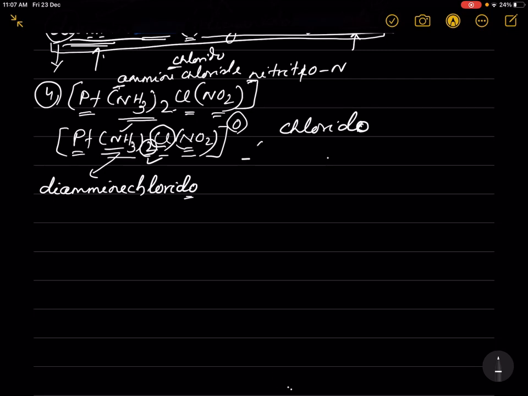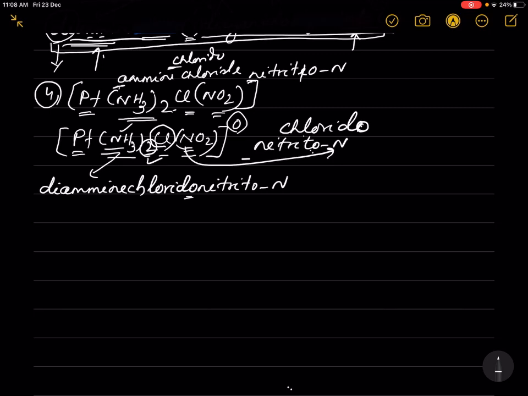Then this is nitrite-N, nitrito-N, nitrite, so it is written as nitrito, nitrito-O, then N for this nitrogen: diammine, chlorido, nitrito-N.